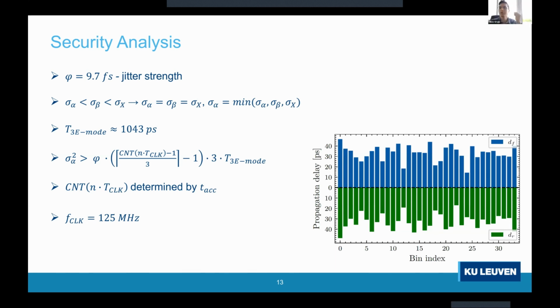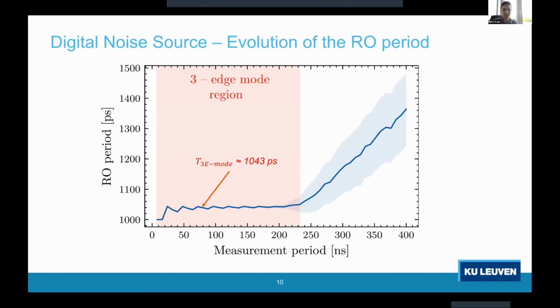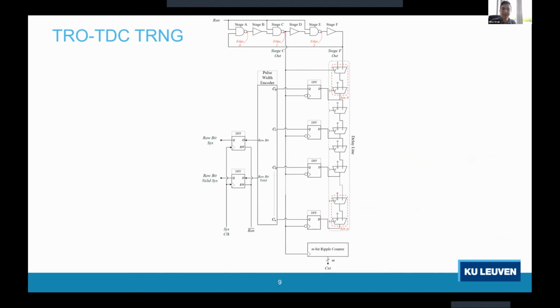No, I'm not sure. Maybe I misunderstand something here. The thing with this design is that you have all 3 edges propagating through the same stages. So if there is an influence, for example due to temperature or voltage, the delay of one stage becomes higher.